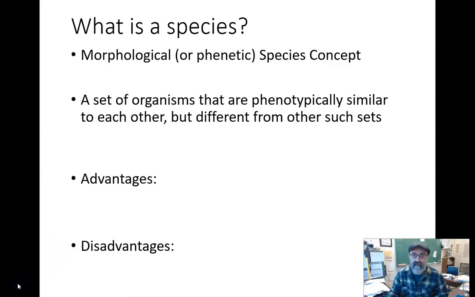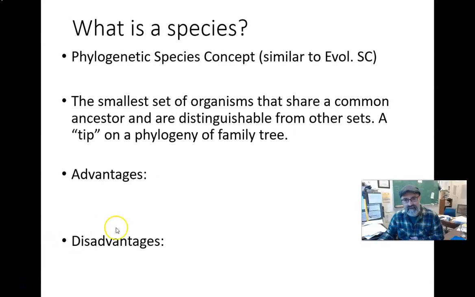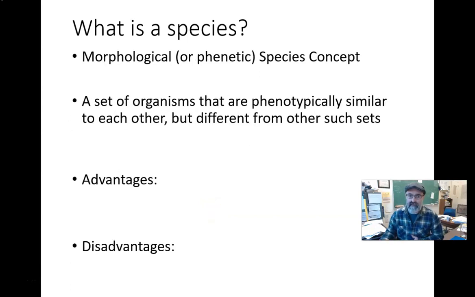The second species concept is called the morphological species concept. We always think of morph as change, but it's more of a change in shape. So the morphological species concept, in the simplest way, says that two groups of organisms are the same species if they have the same shape, the same morphology.